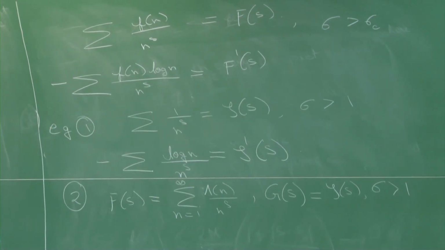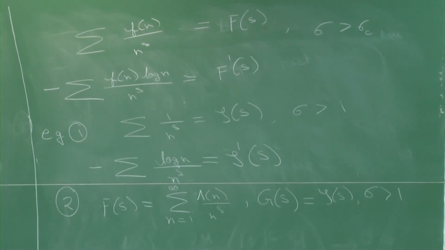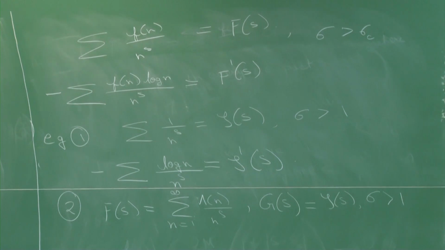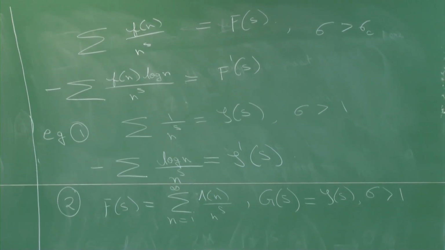So in this region, you learnt that you can multiply the two Dirichlet series, and the product would be the Dirichlet series corresponding to the convolution of lambda of n and 1.